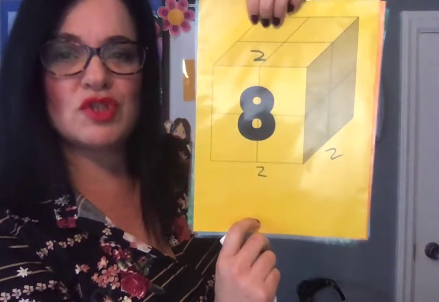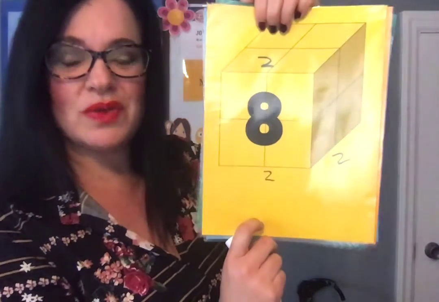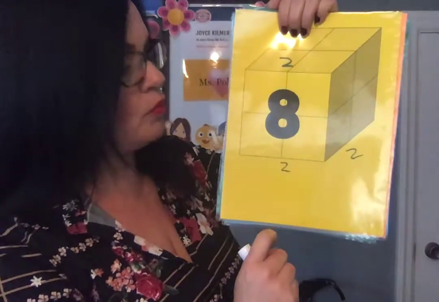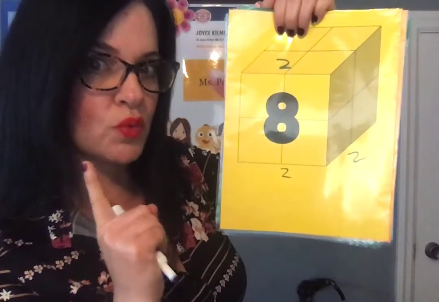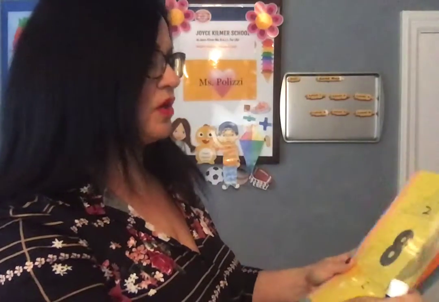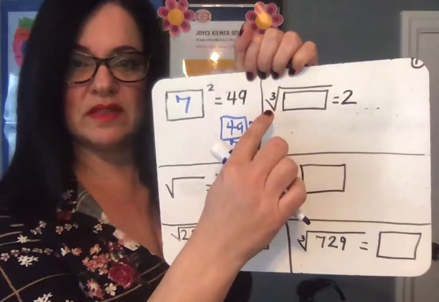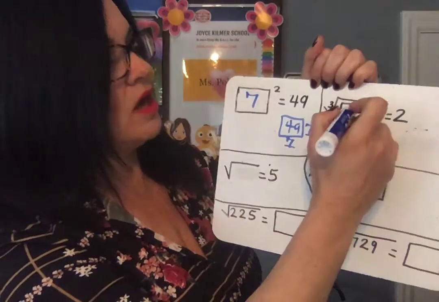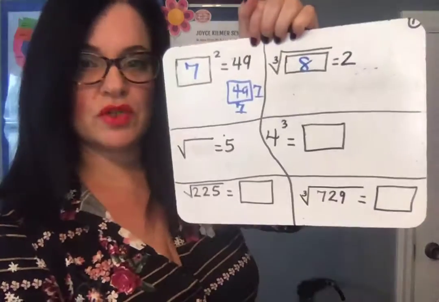So 2 times 2 times 2 equals 8. So the cube root, remember root is one side, the cube root of 8 is 2. Okay? So for that problem, we would say the cube root, which is represented by the little 3, of 8 equals 2.